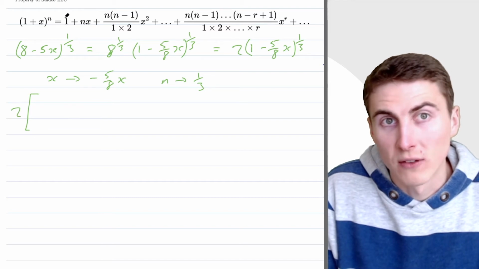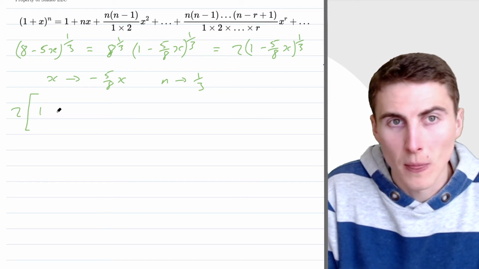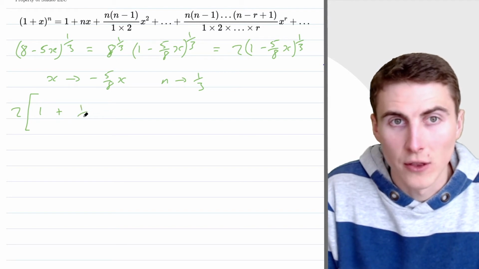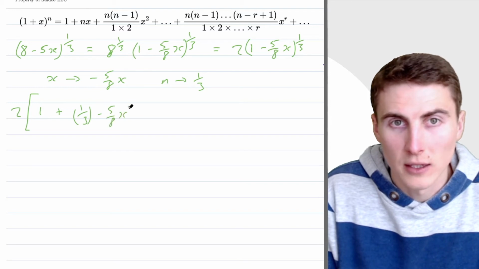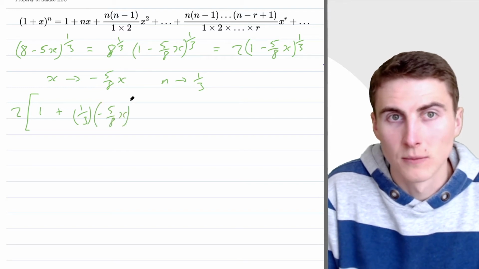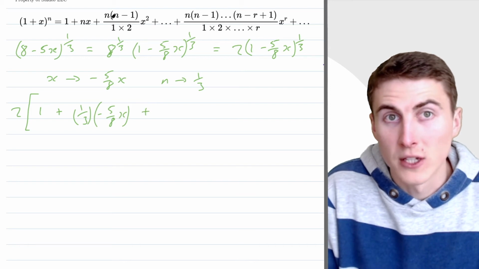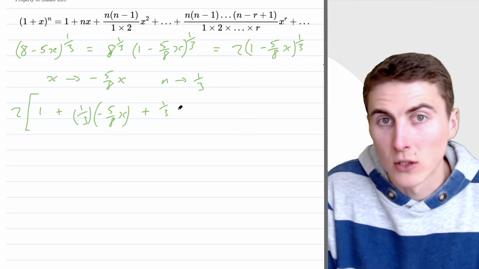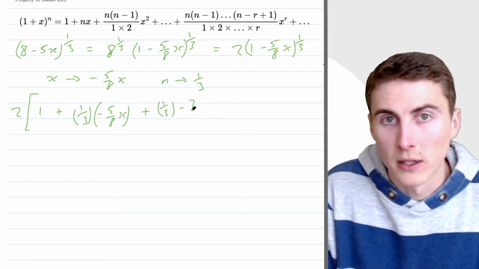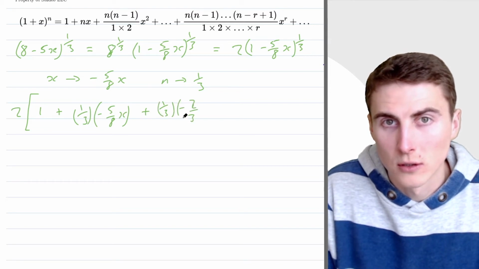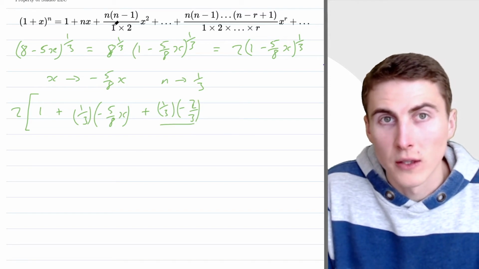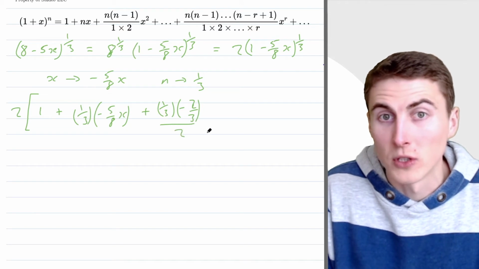So we're going to have this 1 here. Then for our n times x, we're going to have a third for our n times minus 5/8 x as our x. And then for this term here, our n will be a third, n minus 1 will be minus 2/3, and this bit on the bottom will just be 1 times 2, which is 2.